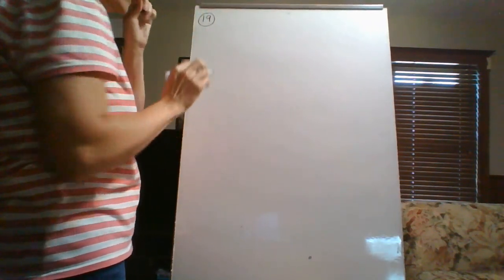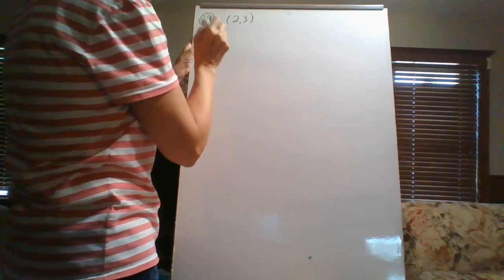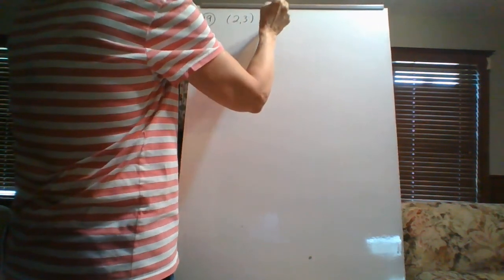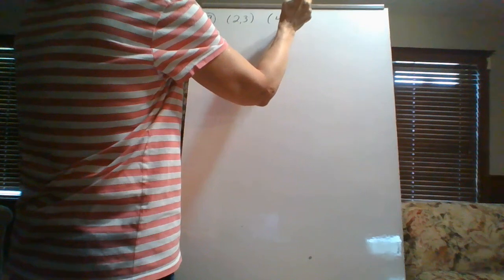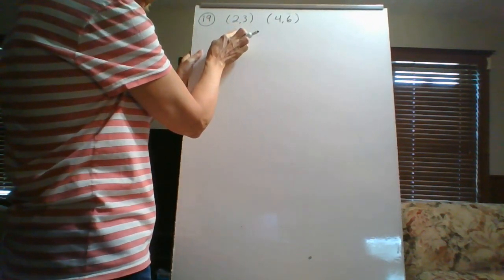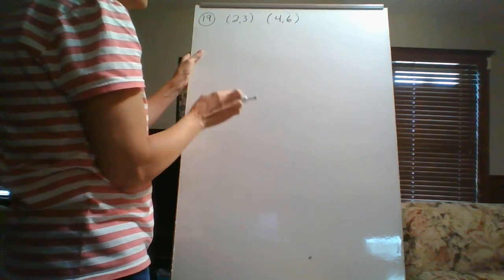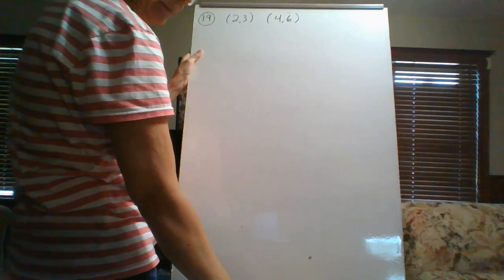Okay, number 19, there are a couple of ways to solve this. There's what's called a point slope formula, but I'm going to teach it to you without that, partly because I'm saving you from learning another formula, and partly because I want you to really recognize, if they tell me that a line runs through both of these points, which one of these equations is the line?